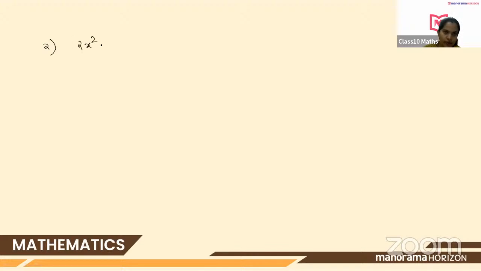That is p of x is equal to 2x square plus 14x plus 20.